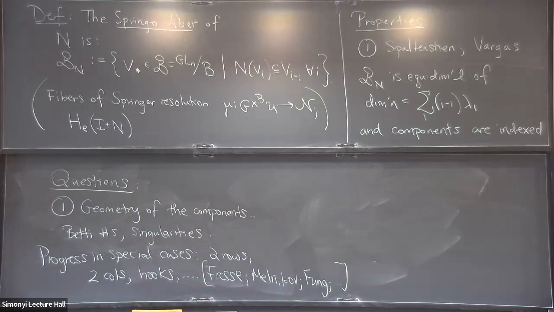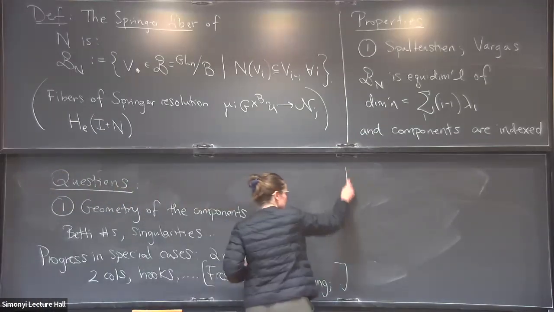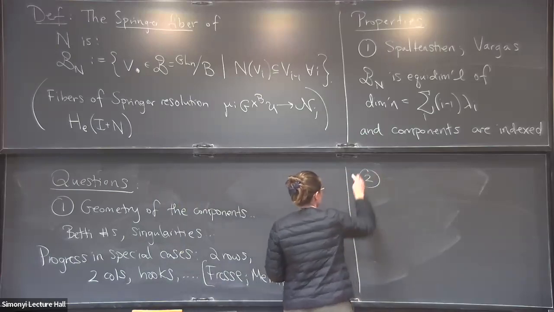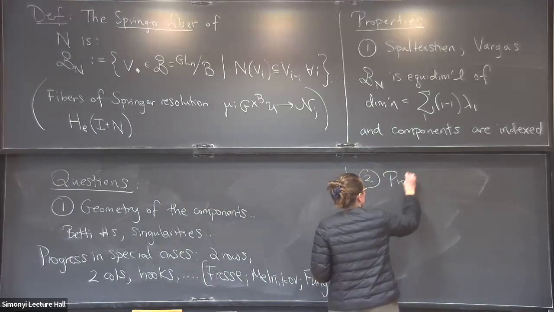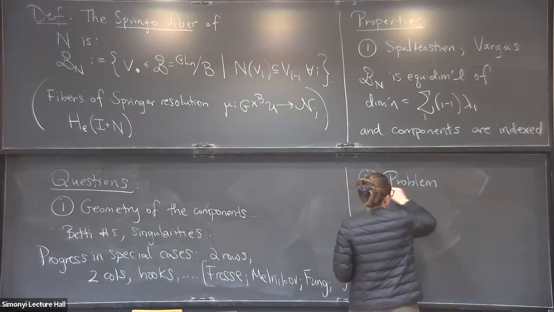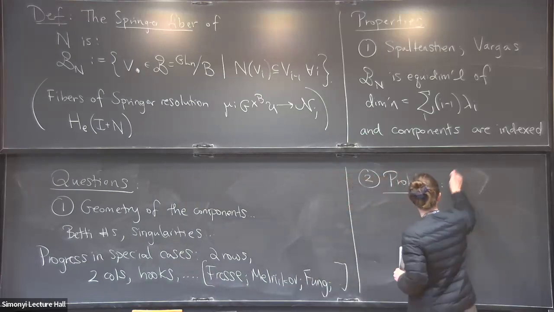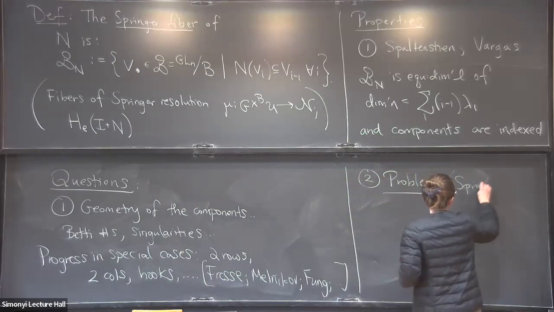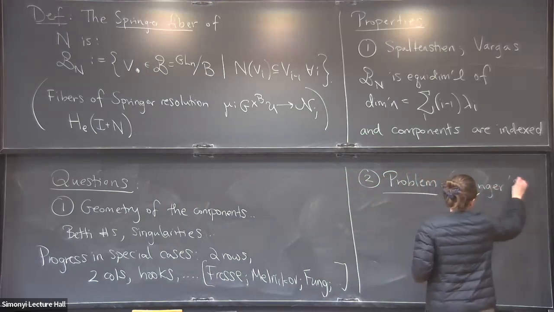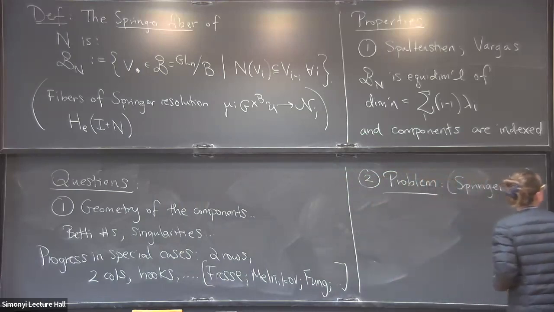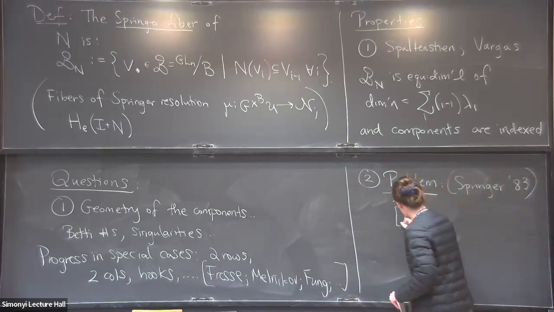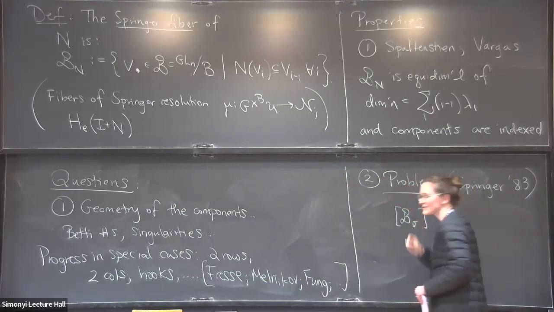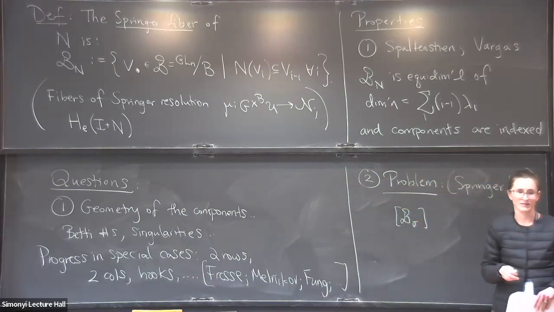Another question that we can find in the literature that I don't think is fully solved, or at least I can't find the answer, is a problem that was posed by Springer in the 80s. What is the cohomology class of this thing?